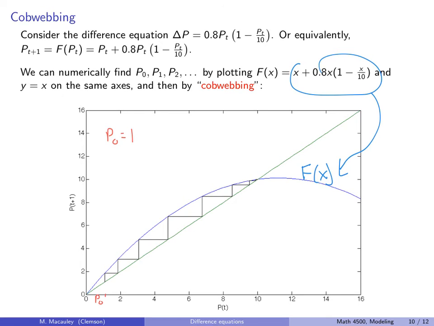Okay, so we start at our initial population, and then to get the population at time 1, we have to evaluate f. So P1 is f of P naught. So we have to plug P naught into f. In other words, we have to go up to the blue curve. Now this value right here, that is P1.